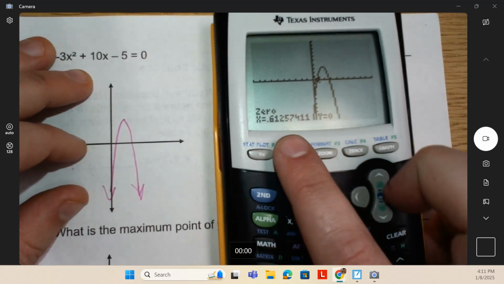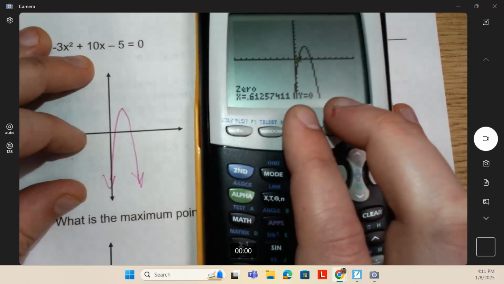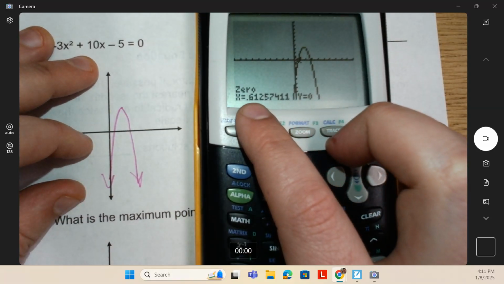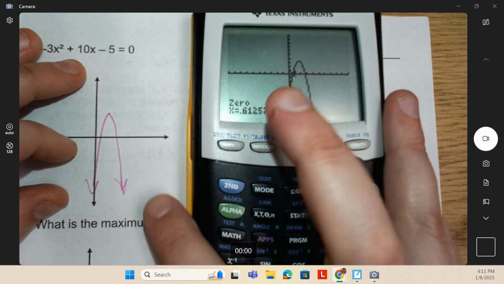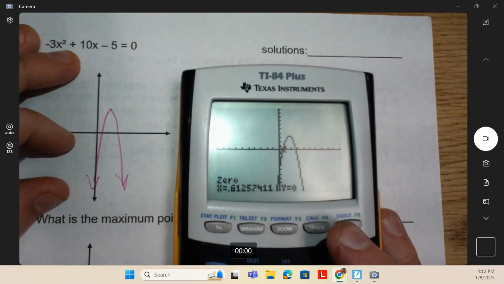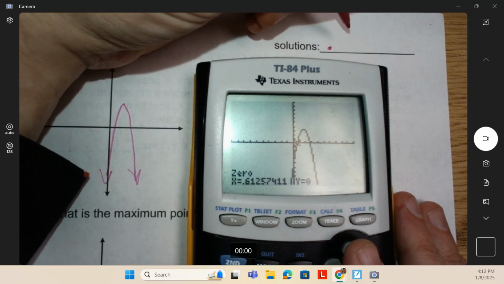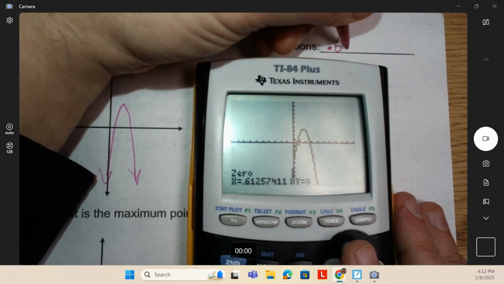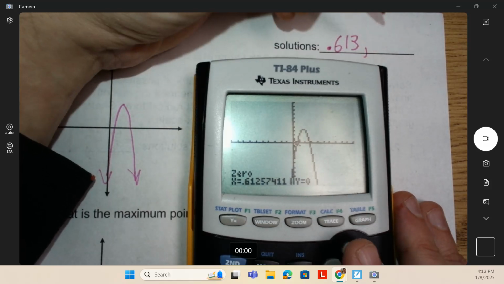Okay, so remember it said we're finding the answer to any quadratic. That means you could have ones where you get this weird decimal number. So when that happens, for that zero, we're just going to put down to the thousandth. So first solution I have is 0.6125, so that'd be 0.613, rounds up.